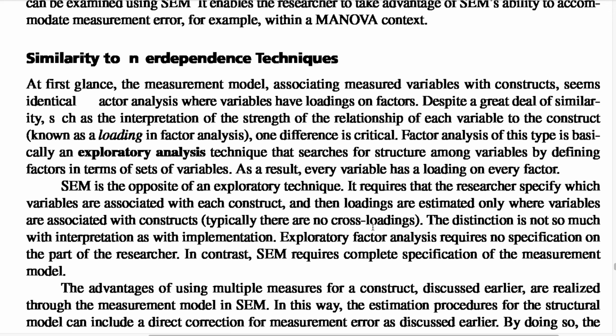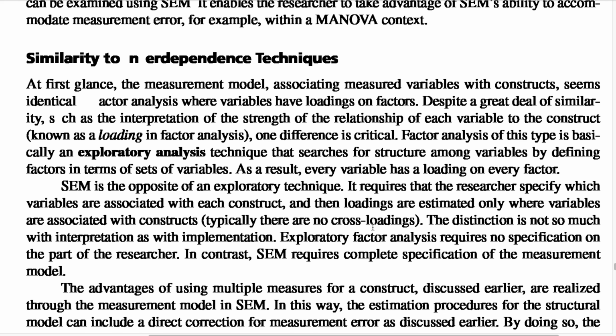Let's talk about the similarities to interdependence techniques. At first glance, the measurement model, which associates measured variables with the construct, seems identical to factor analysis, where variables have loadings on factors. There is a great deal of similarity, such as the interpretation of the strength of the relationship of each variable to the construct, known as a loading in factor analysis.